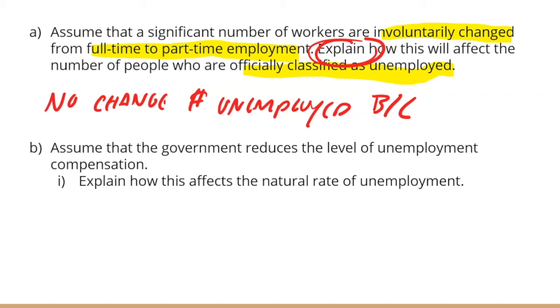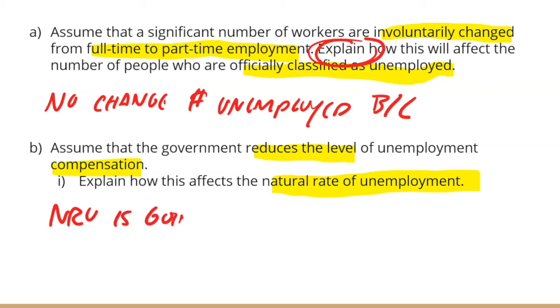Part B. Assume that the government reduces the level of unemployment compensation. Explain how that affects our natural rate of unemployment. Basically, what this question is asking is, if the government reduces unemployment benefits, how is that going to impact our natural rate? Well, our natural rate of unemployment is going to fall.